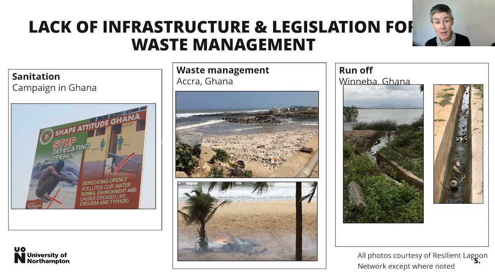And the picture below it shows one of the options that coastal communities are often driven to, and that's to try and burn those plastics, but then that creates other pollutant problems. So often the solutions aren't meeting the need. There's also a challenge with stormwater runoff, and that's influenced by climate change and changes to weather patterns.